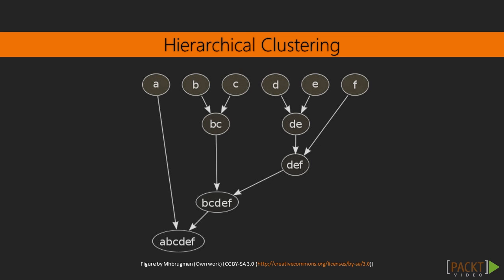So independently whether we choose the top-down or bottom-up approach, we end up in a diagram like this. On the top, we see every point assigned to an individual cluster. On the bottom, we see all points assigned to one individual cluster. And in between, we see the situation for a different number of clusters between n and 1.